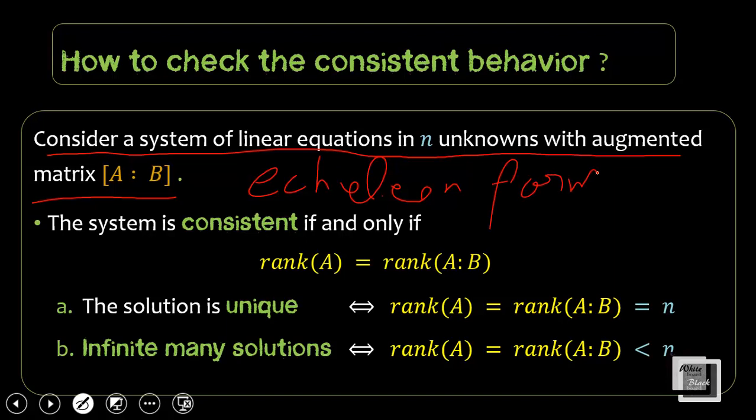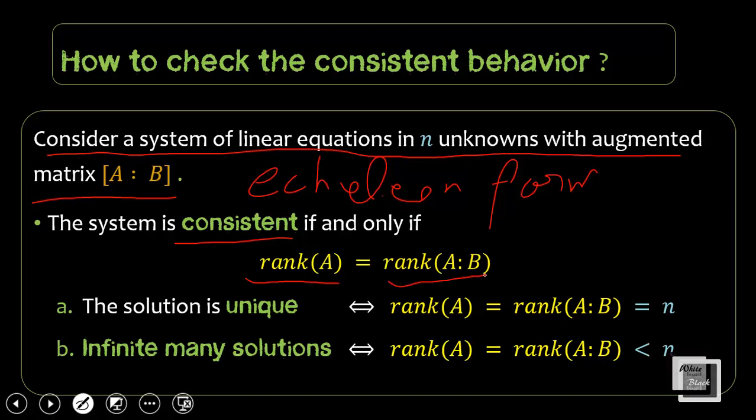After reducing it, we can conclude that the system is consistent if and only if the rank of matrix A is equal to the rank of A colon B.